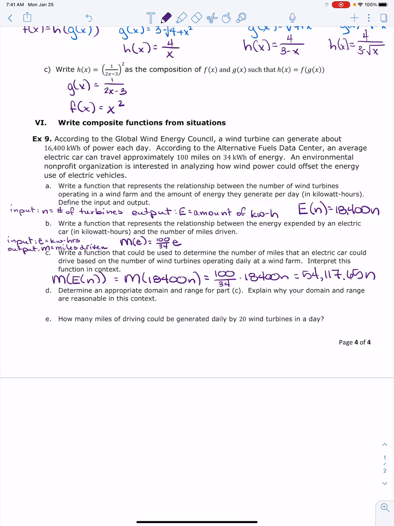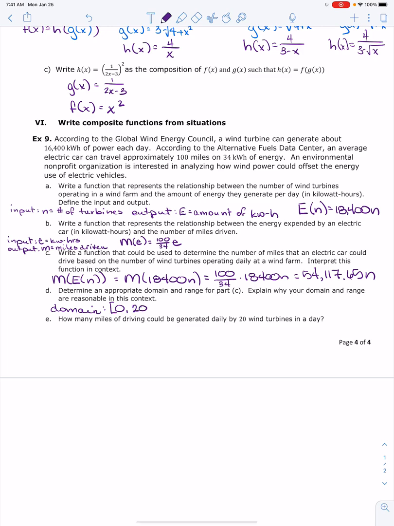D, approximate domain and range. So here's our domain. I could really have 0 wind turbines. That doesn't make a whole lot of sense because then we don't really have a wind farm. For the sake of argument, though, we're going to start here with a wind farm with no wind turbines. When I looked up online, it says a large wind farm will have a couple of hundred wind turbines.